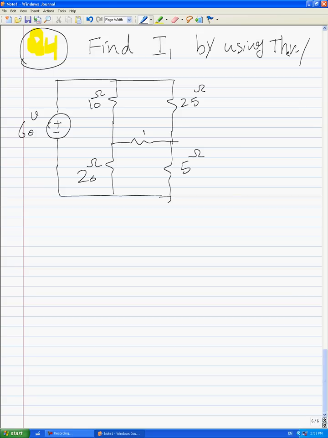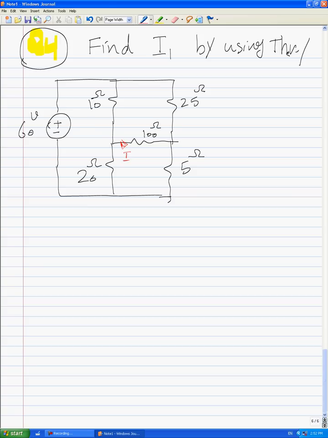Also, we have 100 ohms here, and we want to find out this current by Thevenin theory.